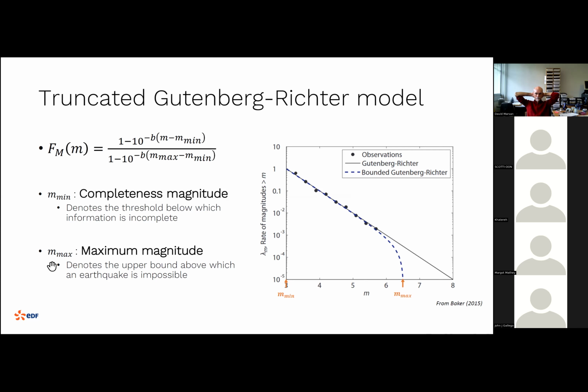So this is a parameter that you will have to estimate, and this is an important one. And note also that there is another important parameter, which is Mmin, which is a lower bound truncation of this model, which denotes the threshold below which the information in the catalog is incomplete. So you cannot really fit your model because the data is incomplete. So the modeler has to deal with these two aspects: characterize the completeness of the catalog and estimate the maximum magnitude for each area source.